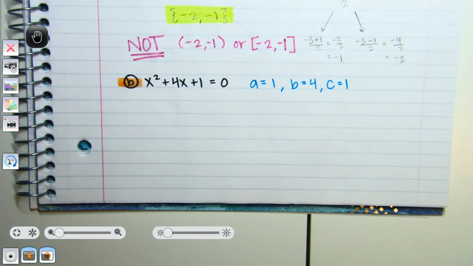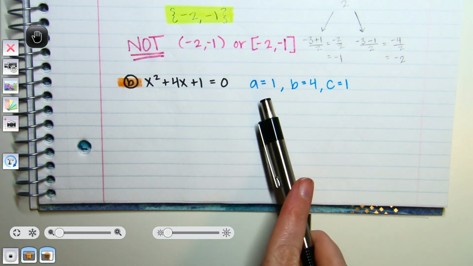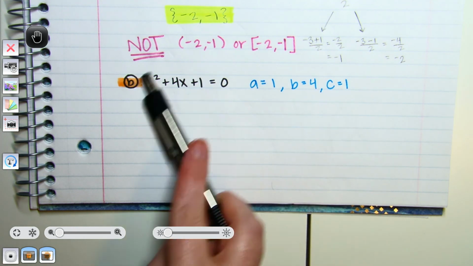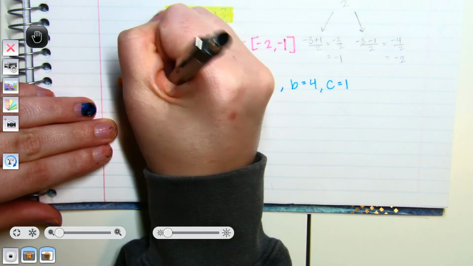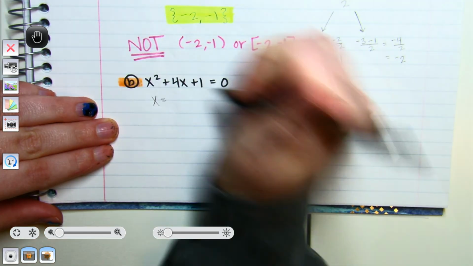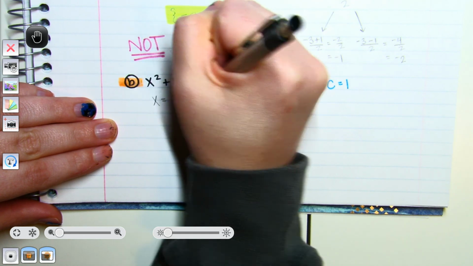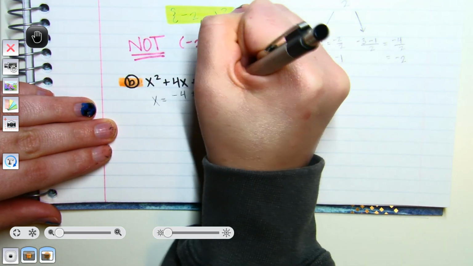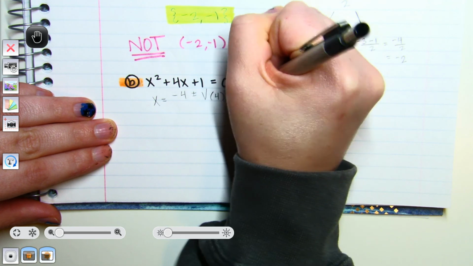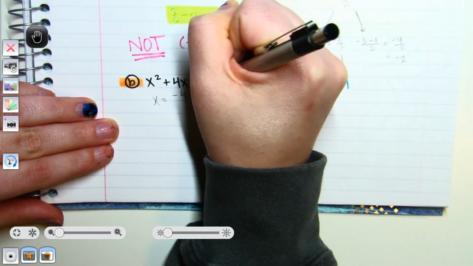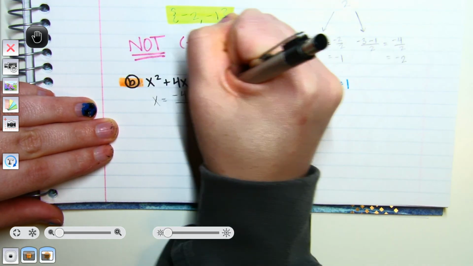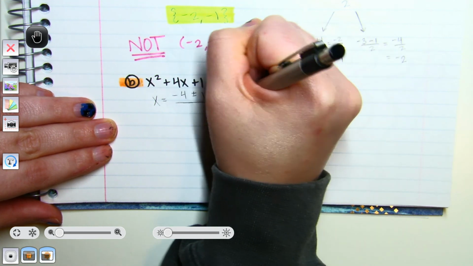I personally always do just because it's easier to avoid making mistakes when I just look at my A, B, and C instead of trying to fish them out of the equation. So x equals negative b plus or minus the square root of b squared minus 4ac all over 2a.